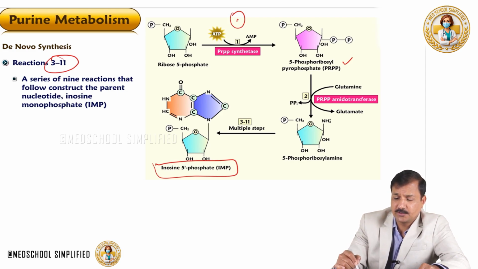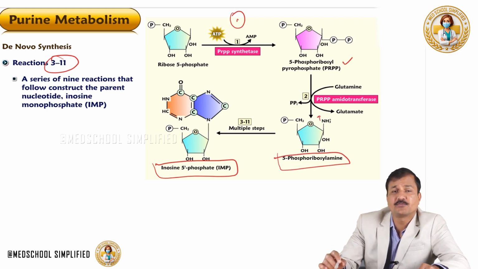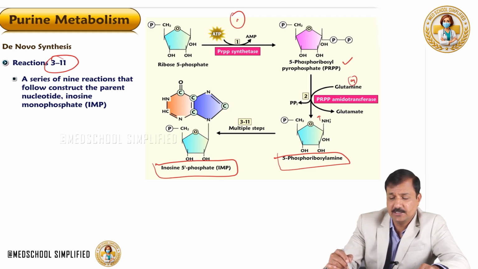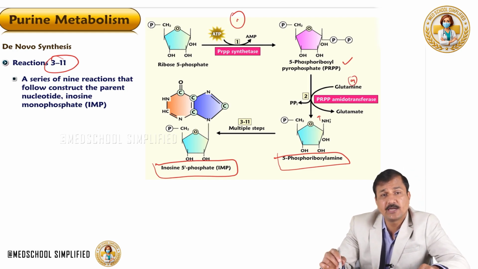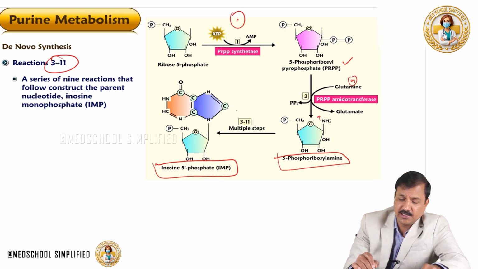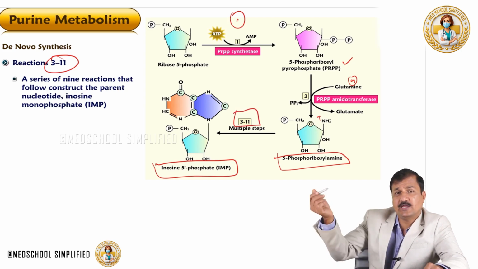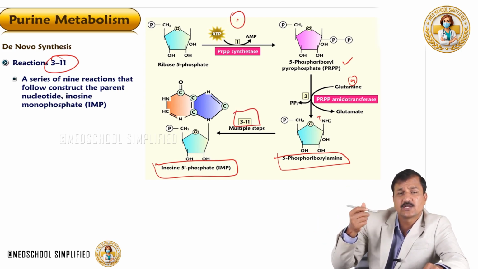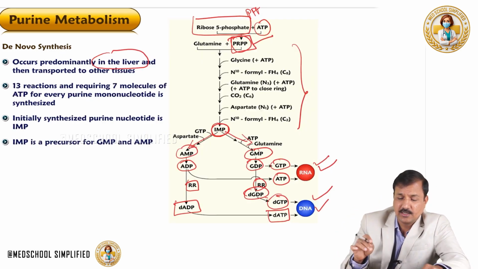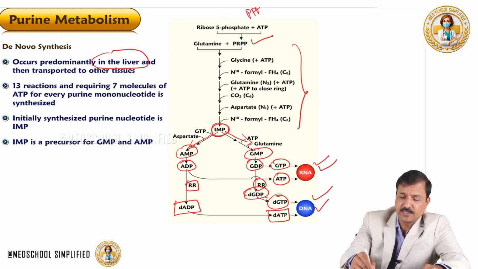Then PRPP to 5-phosphoribosylamine, where the 9th atom of the purine ring is added, coming in as the amide nitrogen of glutamine, done by PRPP glutamyl amidotransferase, also called glutamine phosphoribosyl amidotransferase. That's the second reaction. From there, in reactions 3 to 11, individual donors come in and donate their atoms, just like what is shown in this particular figure.